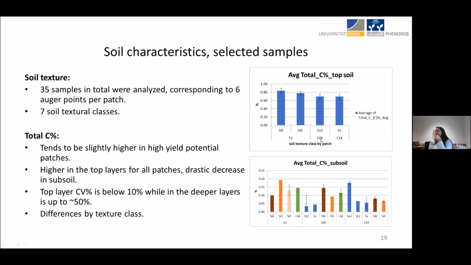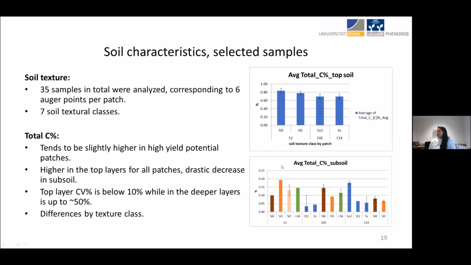And then for the patch 102, which is a low yield potential patch, and 114, that are low yield potential patches, there is also 1 textural class for each of them. Then we also see that, for example, the SU2 and the SS have a higher sand content. Also for the total carbon, typically we saw that for the high yield potential patches, the total carbon was slightly higher than for the low yield potential patches.